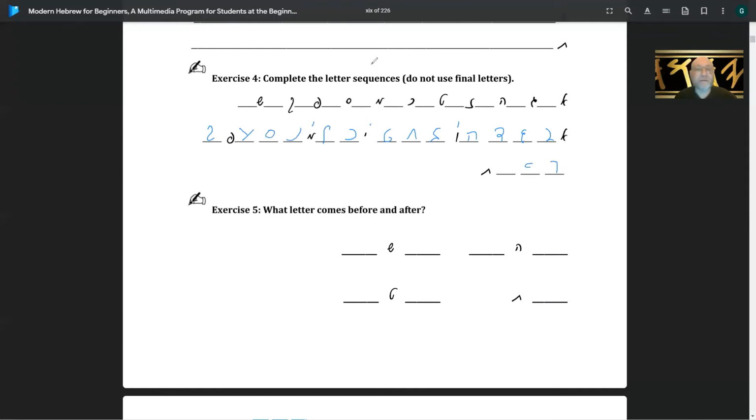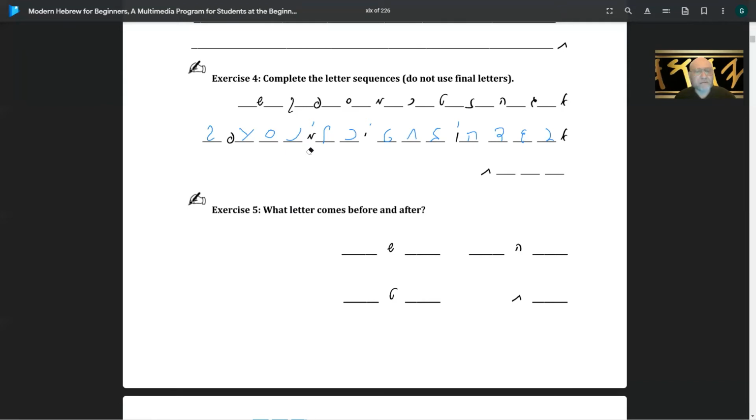Oh, not that way. I remember now. It's this way. Sheen. Kof. Oh, Sheen doesn't go there. All right. Kof. Okay, so the Resh doesn't go there either. All right.